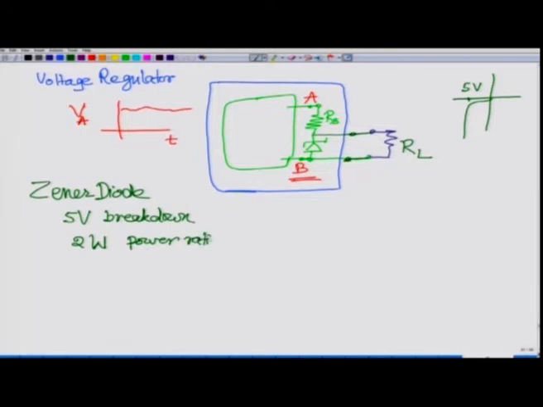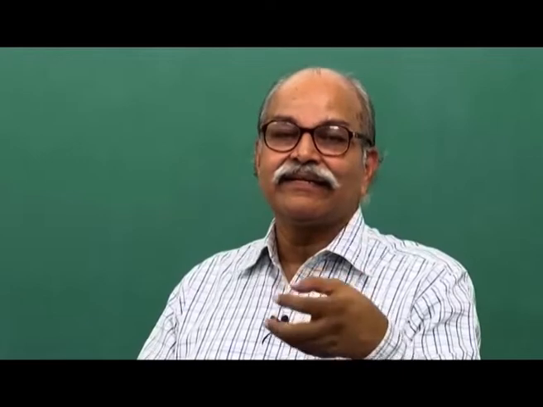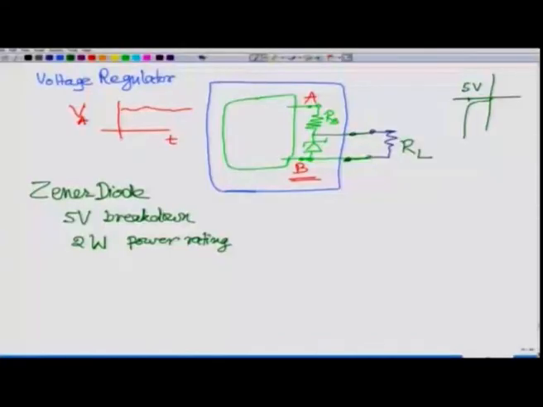What is power rating? Do not dissipate more than 2 watts of power, otherwise the thermal energy generated will be more than what this diode can tolerate, and it may get damaged. That rating is given in watts, and the breakdown is of course in volts.